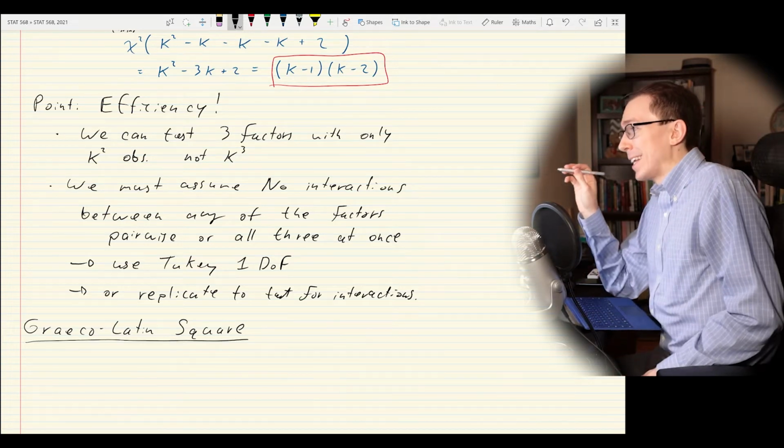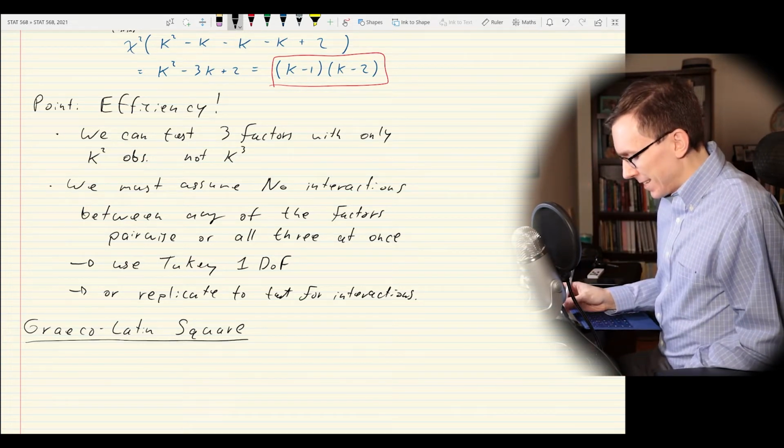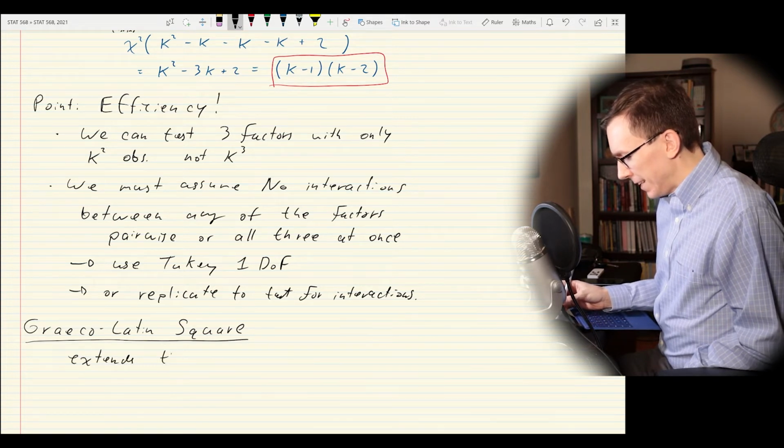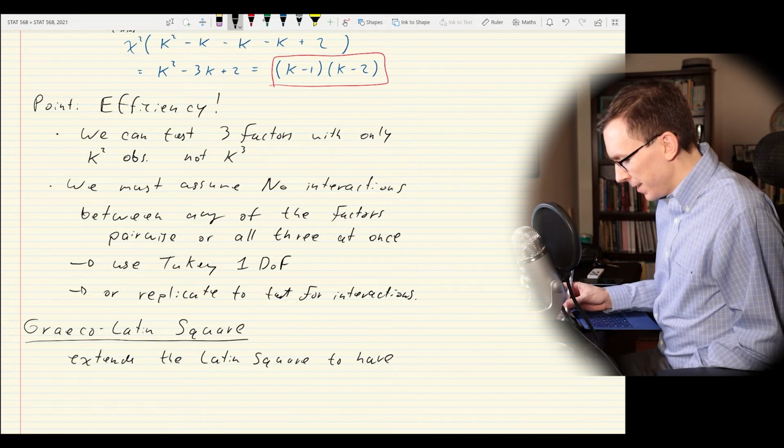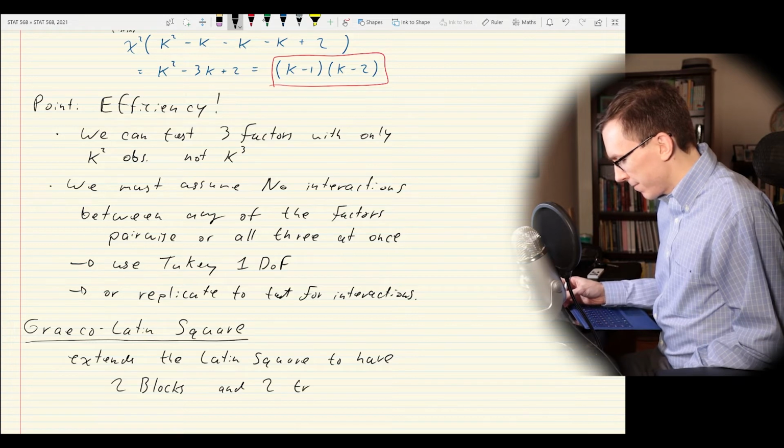So the Greco-Latin square extends the Latin square to have 2 blocks and 2 treatments.